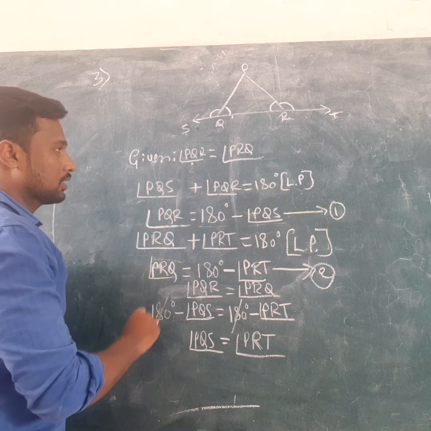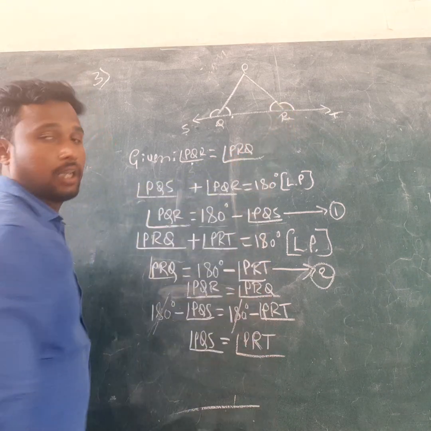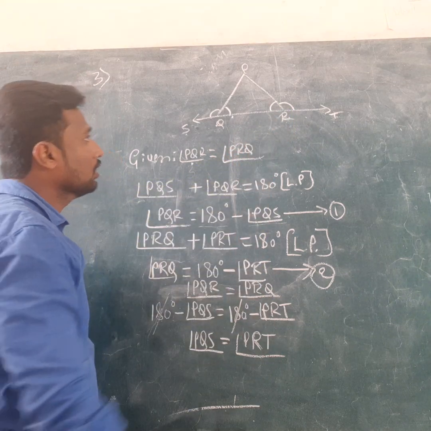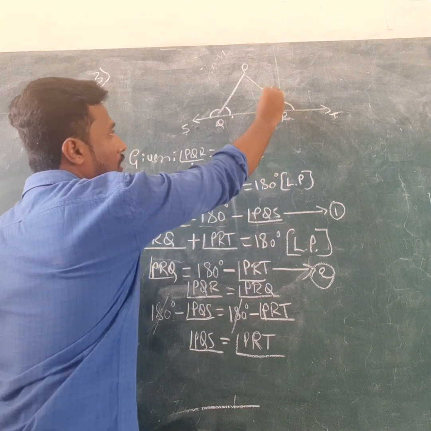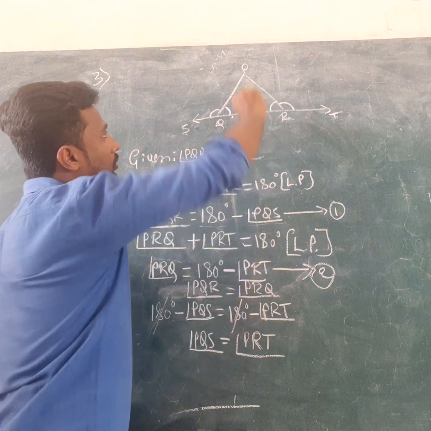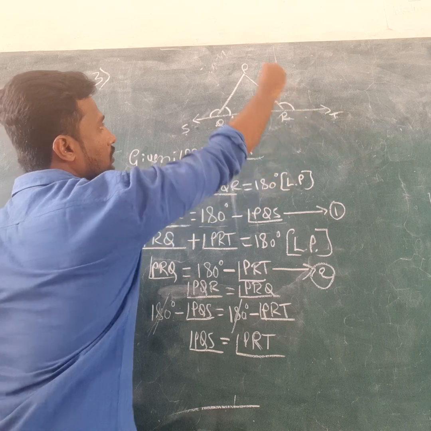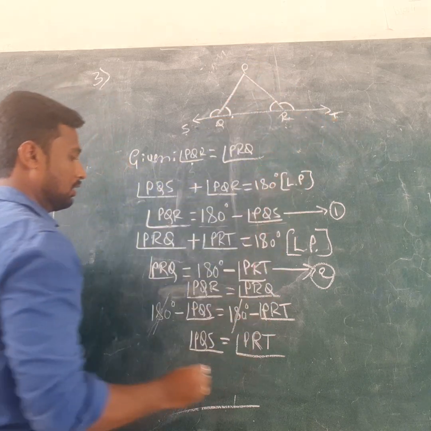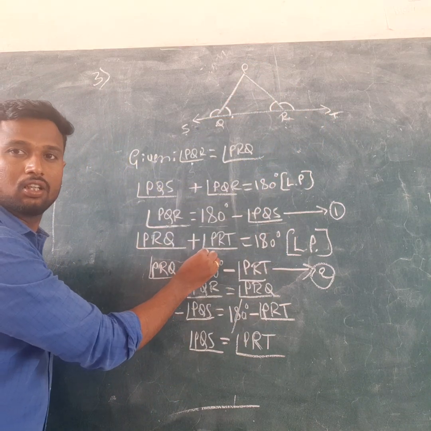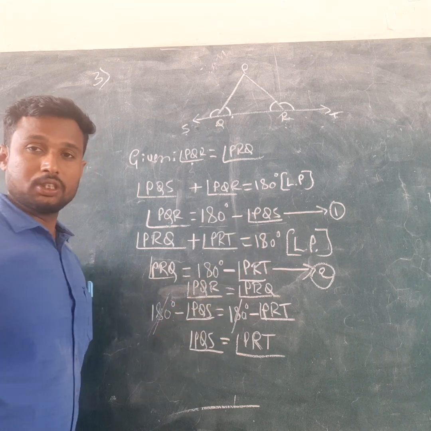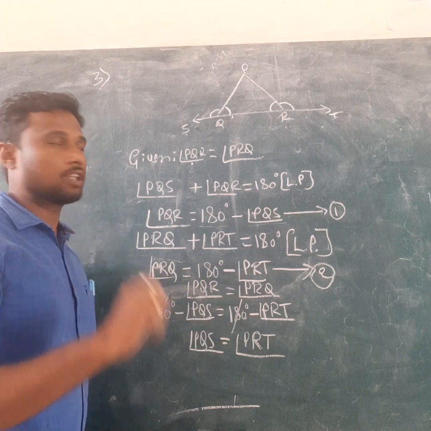Okay. Next I will move to the point R. Again on point R there are 2 angles. What are those? Angle PRQ plus angle PRT. Angle PRQ plus angle PRT is equal to how much? 180 degree only because of linear pair.